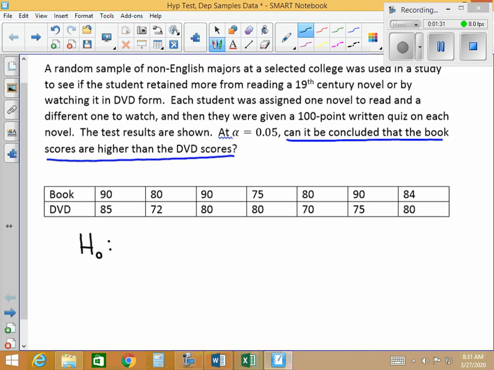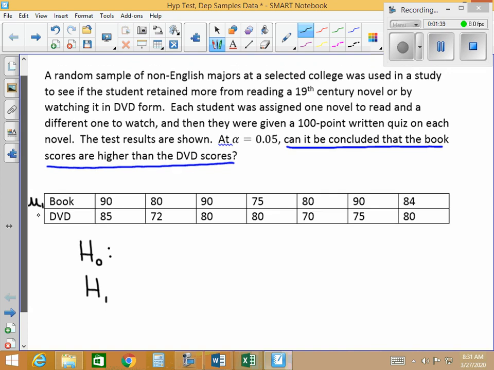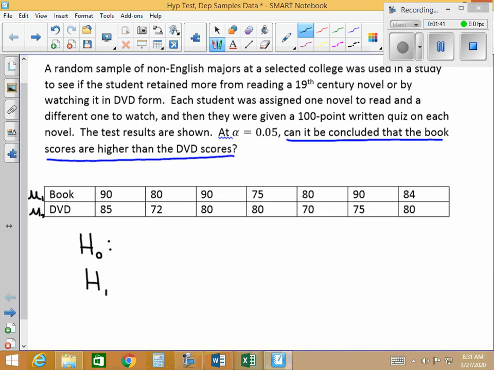When we set up our null hypothesis, if we think about our book scores as being our first population, the students there, and the DVD people being our second population, we want to test to see whether the difference of those two means is 0.